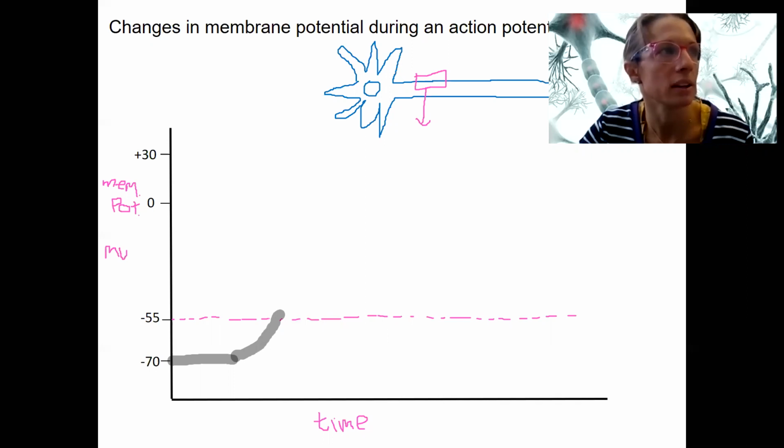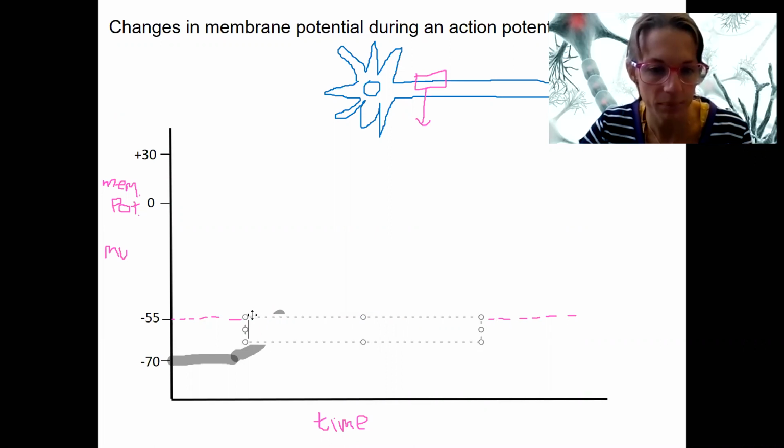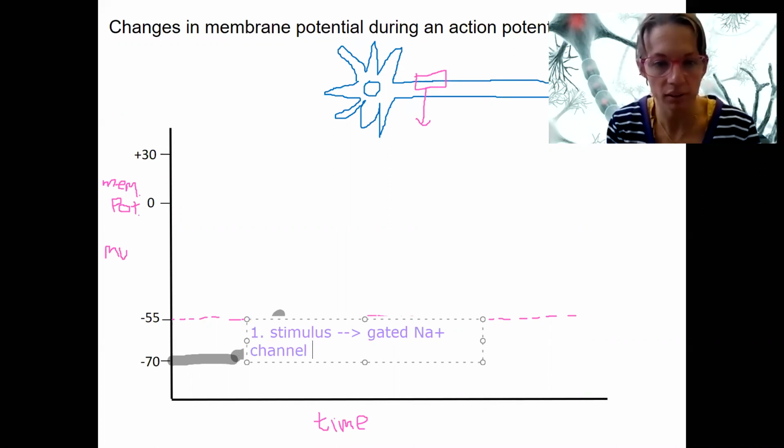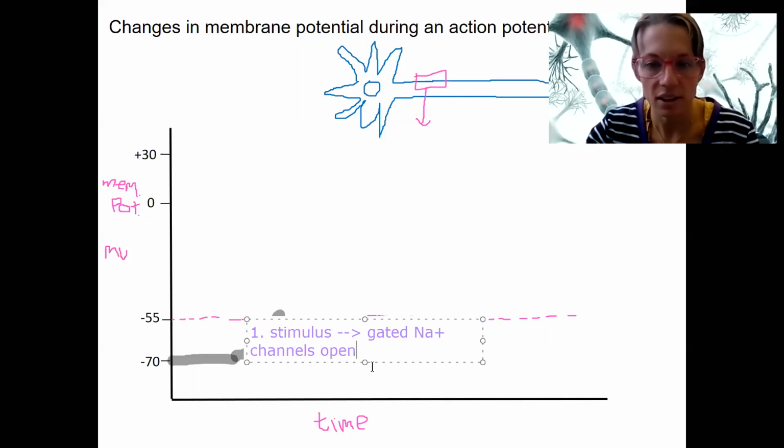I'm going to make a text box here for this because my handwriting is too messy. So this is time point 1. And what's happening at time point 1? We've got some stimulus, gated Na+ channels open, right?